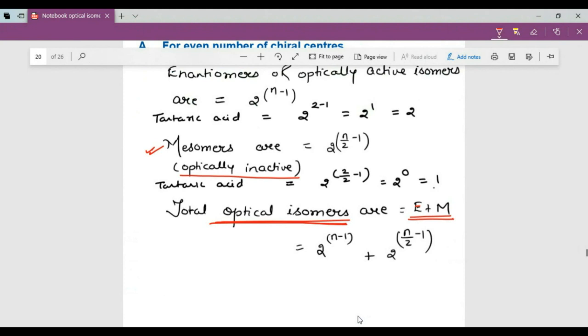Otherwise, there is no difference. So when you are asked to comment on the total number of optical isomers, please mark these words in your brain. Optical isomers: E plus M. Optically active isomers: only enantio. Optically inactive optical isomers: meso. Then you have to give the total.